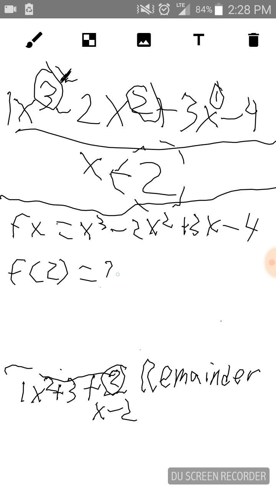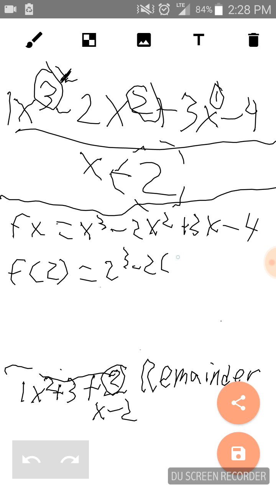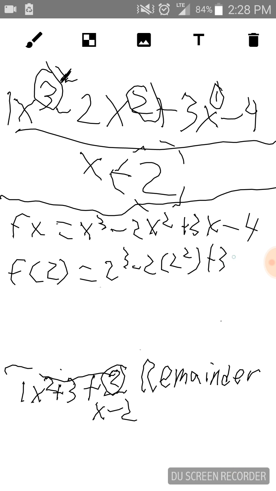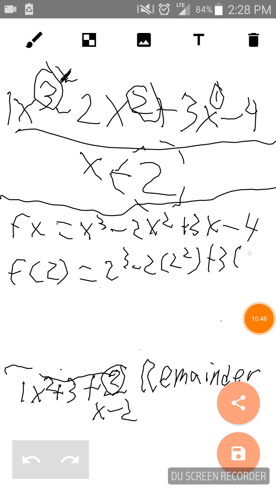So 2 cubed minus 2 times 2 squared plus 3 times 2 minus 4.